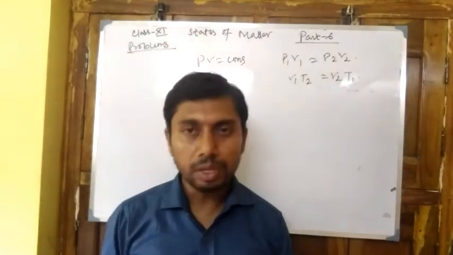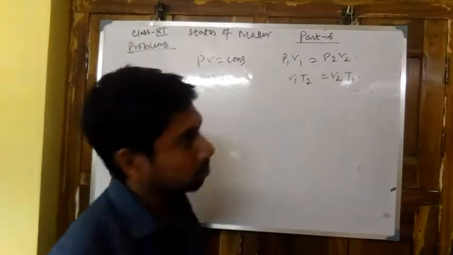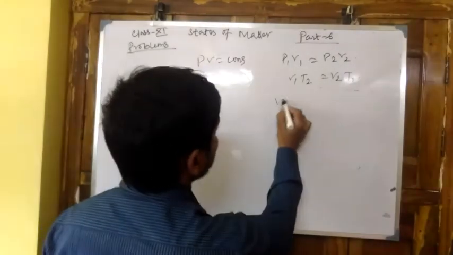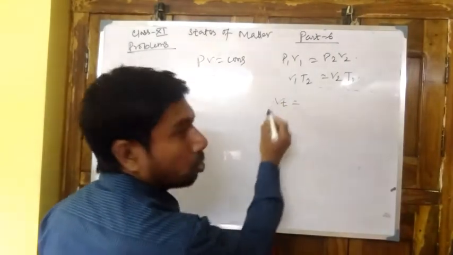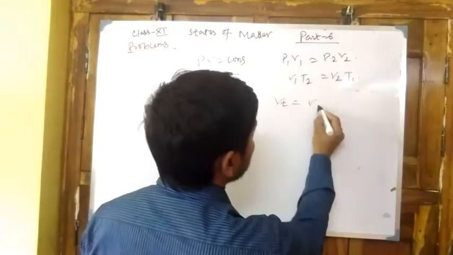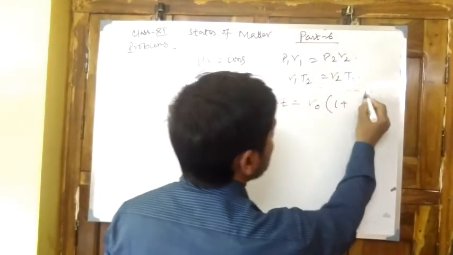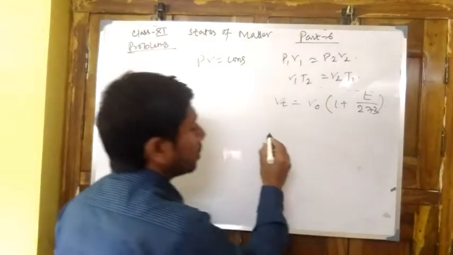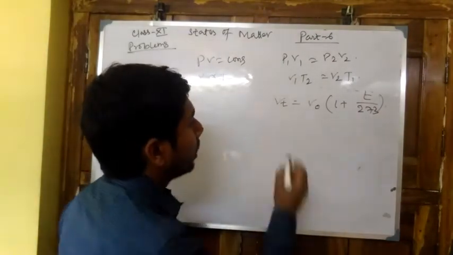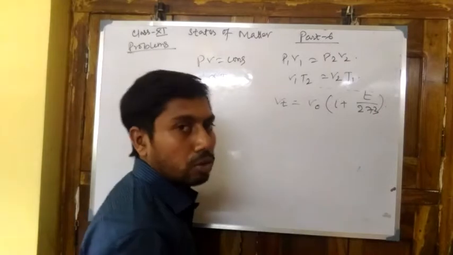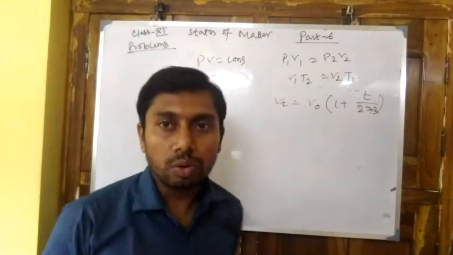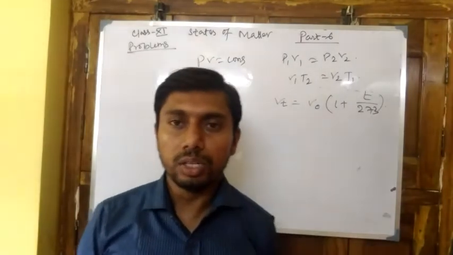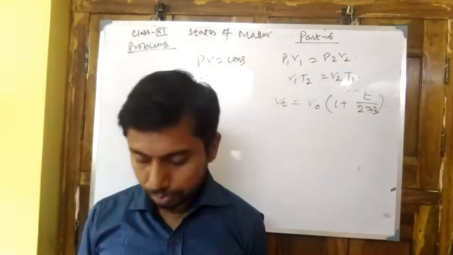Next, from the ideal gas equation. Another one, a corollary to Charles law, is that Vt, the volume at temperature T, equals V0 into 1 plus T by 273. It is the calculation of volume at temperature T, where V0 is the volume at 0 degree centigrade, or 273 Kelvin.